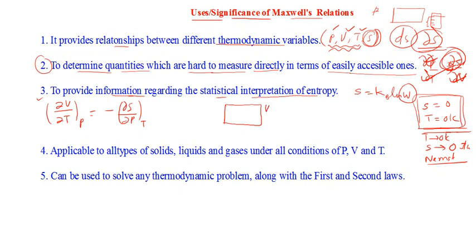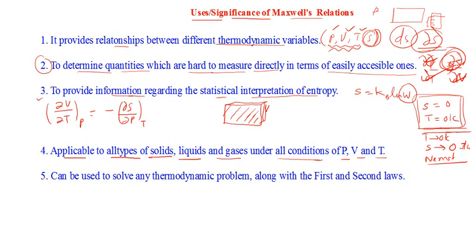It can be a solid substance, like a block of material. Remember one thing: Maxwell's relations are applicable to all types of solids, liquids and gases under all conditions of pressure, volume and temperature. So it is a universal set of equations applicable for solids, liquids and gases. That's why I'm not taking a gas alone.